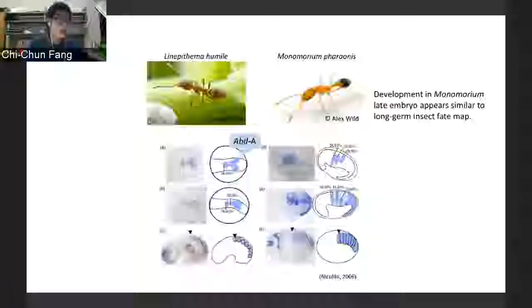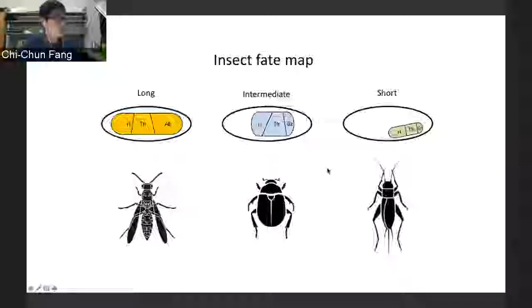Based on the figure, people thought maybe the ant's embryo development is similar to Drosophila, based on figure D. Okay, why do people think that way? So there are 3 types of insect embryo, based on the size of the germ-band.